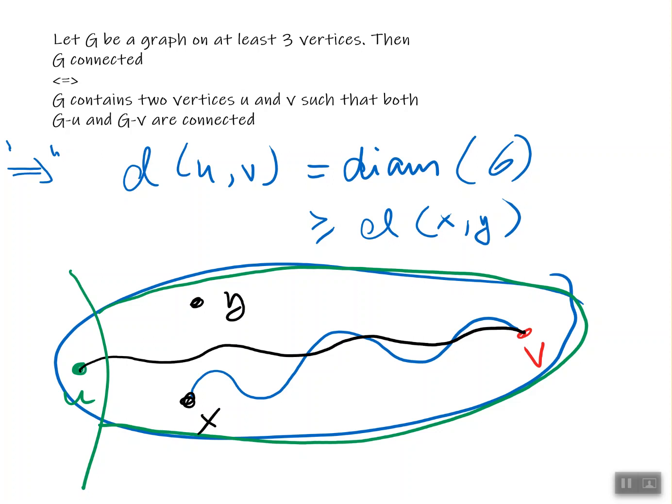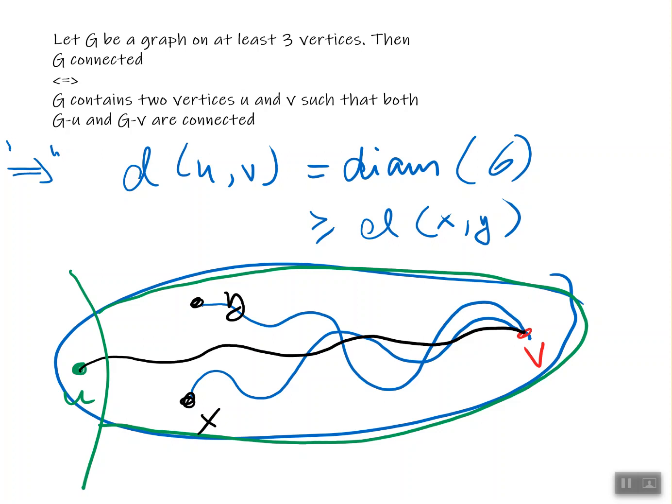And similarly, there's a path from y to v. y could be v itself, then it would be a path of length 0. But there is a path from y to v, and the shortest path from y to v does not contain u. And now this again means that there's a walk from x to y going through v. So therefore, by the theorem that we had before, there's also a path that goes from x to y.